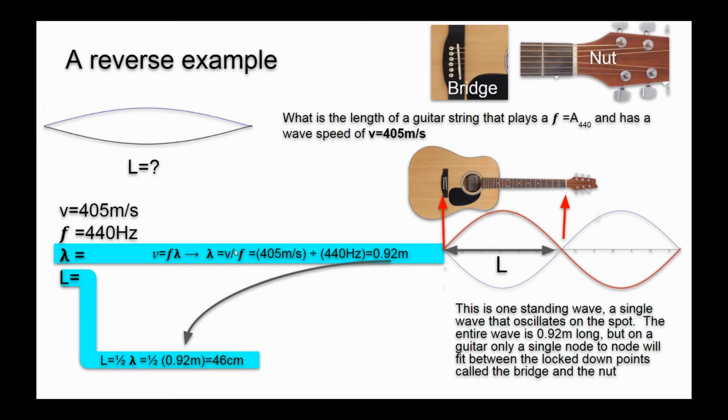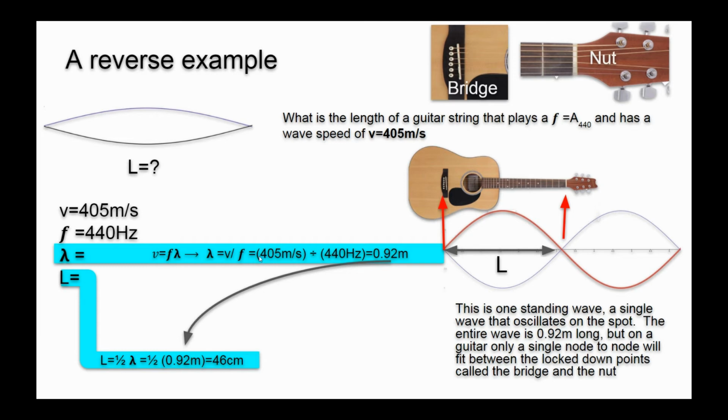So let's look at a real guitar in reverse. Okay, what is the length of a guitar string that plays a frequency of A440? That's just a fancy way of saying 440 hertz. So now I'm telling you the note, I'm telling you the speed, and you're going to compute lambda, and from that go backwards to the string length.